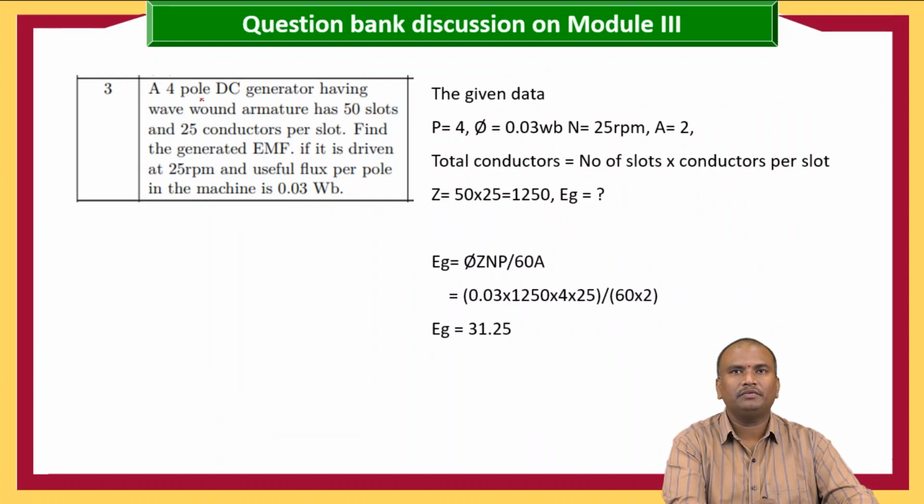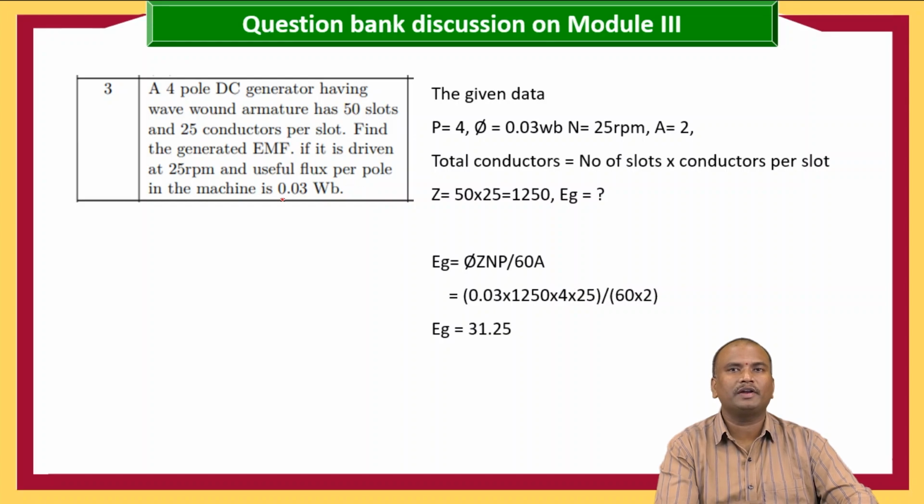The next one is a 4-pole DC generator having wave wound armature, has 50 slots and 25 conductors per slot. Find the generated EMF if it is driven at 25 RPM and the useful flux per pole in the machine is 0.03 webers.